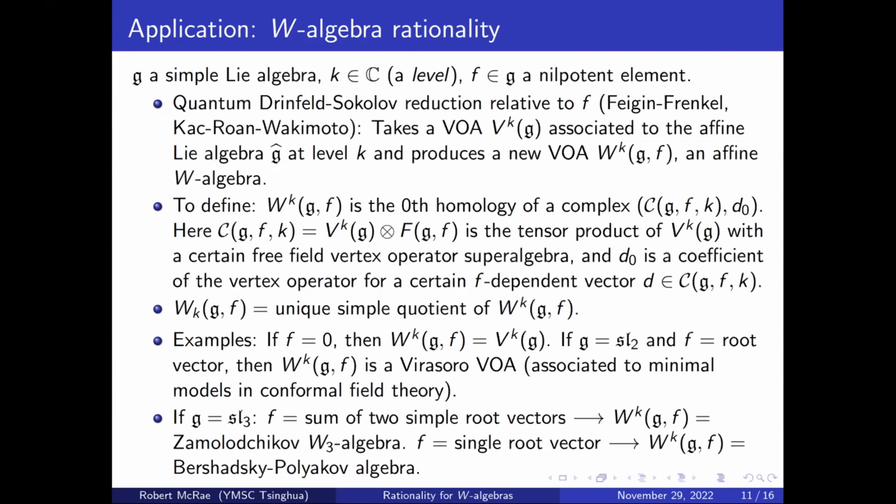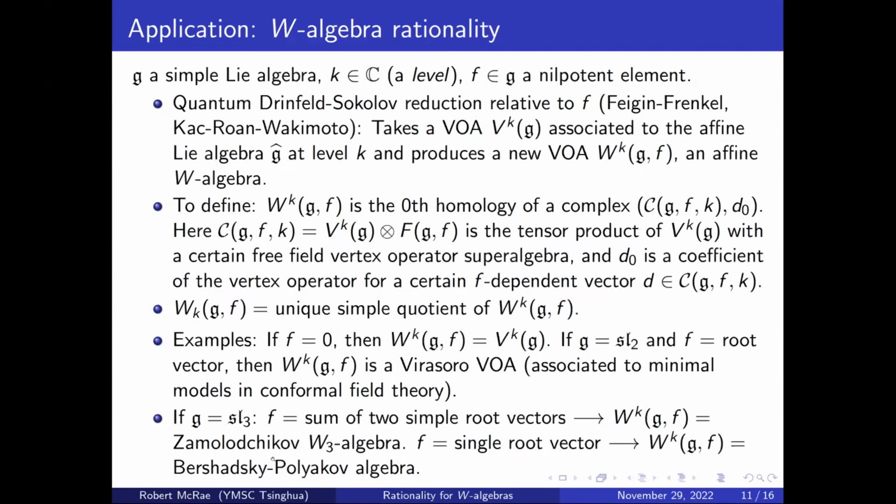If you take G equals SL2 and you take the non-zero nilpotent element, which is the root vector, then what you get is a Virasoro vertex operator algebra. And then if you take SL3, there are two possibilities for non-zero nilpotent elements. One of them is the principal nilpotent element, which is a sum of two simple root vectors.